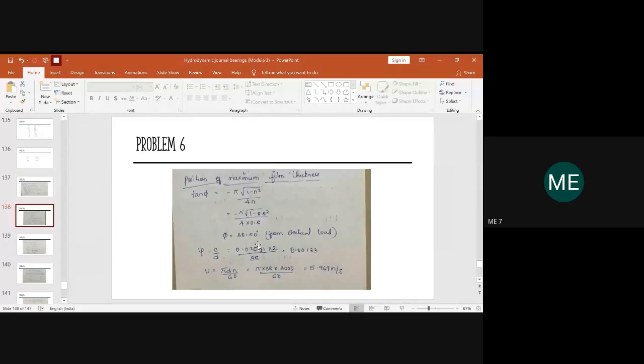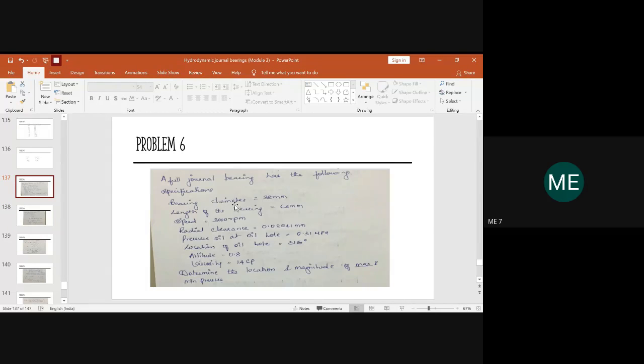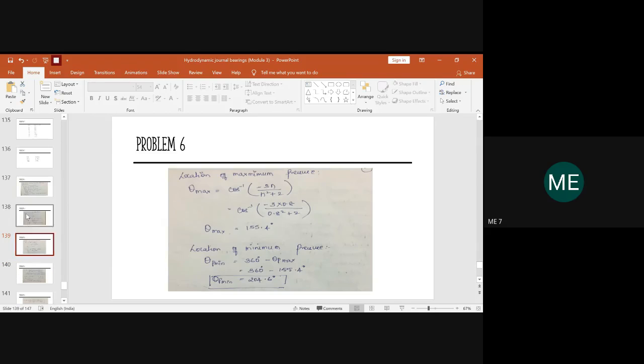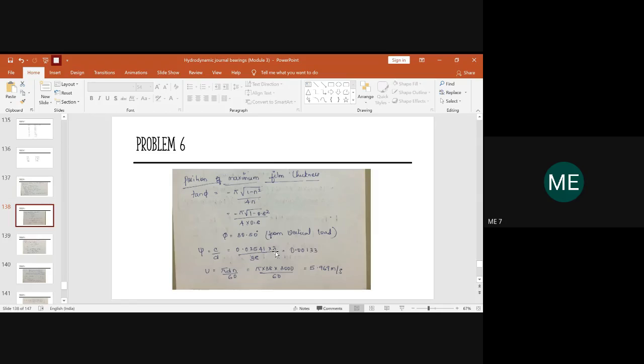And hence we are multiplying by 2 divided by the bearing diameter, because the pressure equation here is with respect to the diametrical clearance ratio, not the radial clearance. So we need the value of C, and hence it has been multiplied by 2 divided by 38. So you calculate and let me know how much you get for the diametrical clearance.